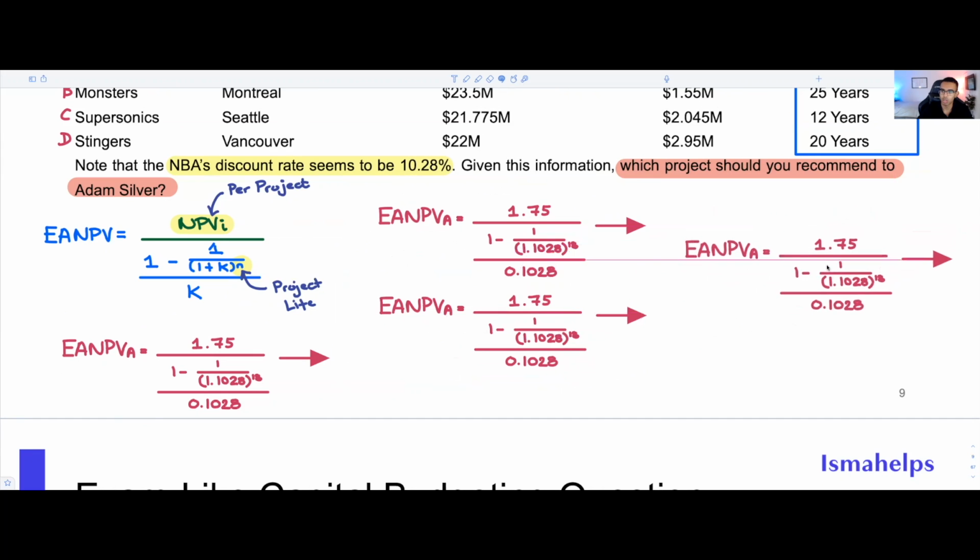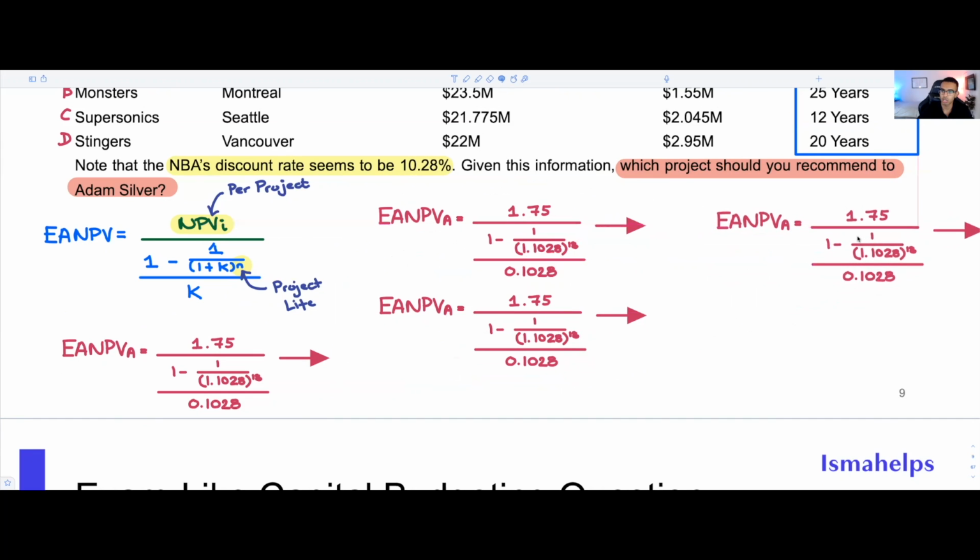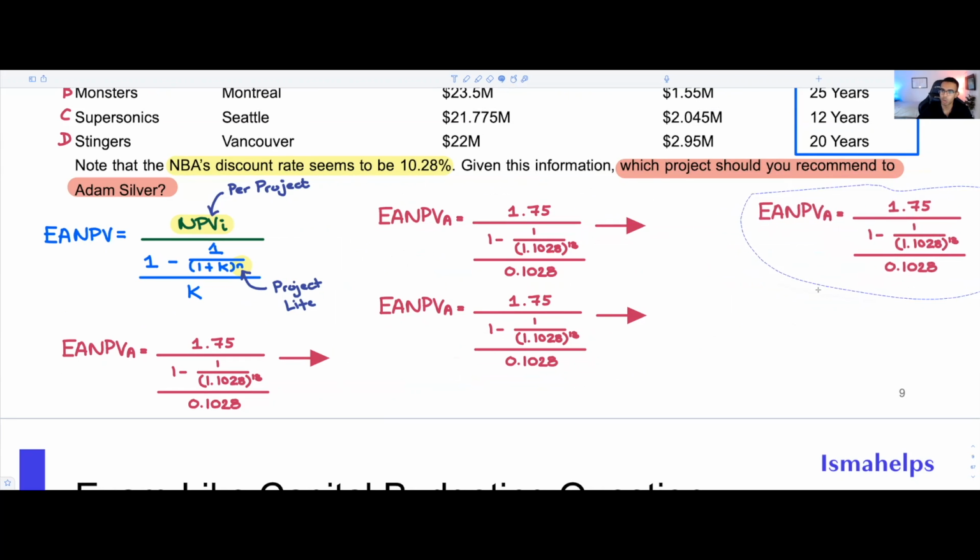I could put this one here, and this I could erase. I'm doing this on the fly, so hopefully you can respect that I'm taking a little bit of time to figure it out. Of course, the stuff on the right-hand side of the screen, we're going to change to EANPV B, EANPV C, EANPV D, just to make that clear.